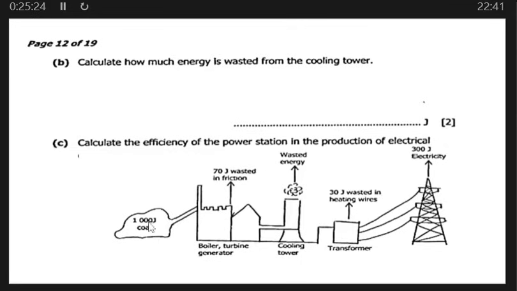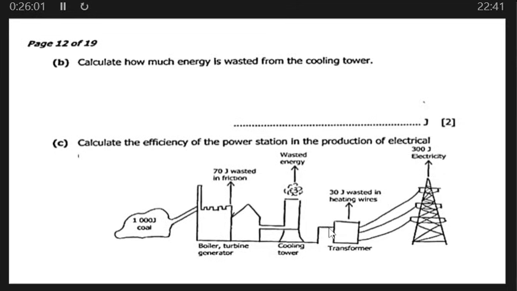So energy here, which is in coal, is in chemical form, and when it comes here, it is wasted in the boiler, turbine, or generator here. There's friction energy in heat form, so it goes into heat here. Also energy wasted in cooling here, where things are being cooled. Then also there's some energy wasted in heating these cables in the transformer.